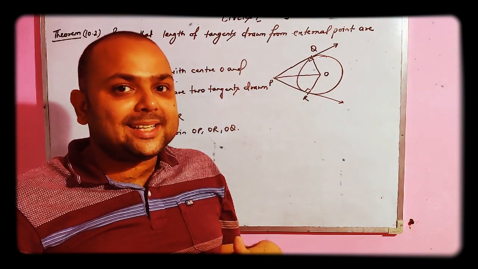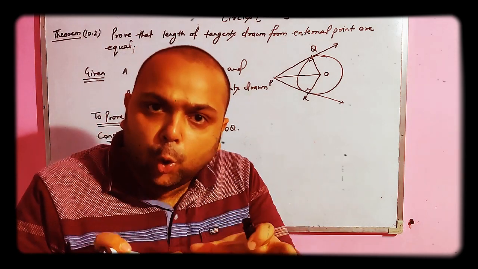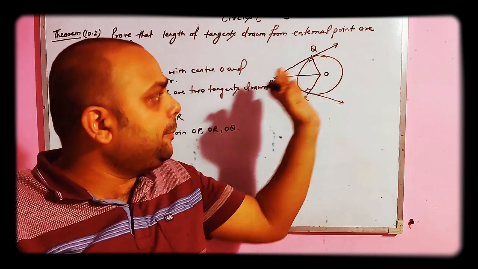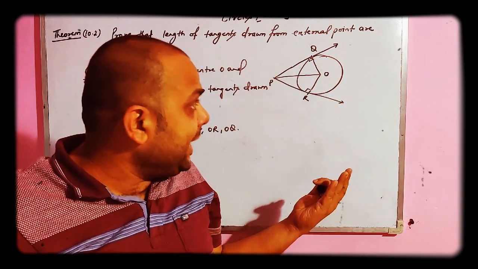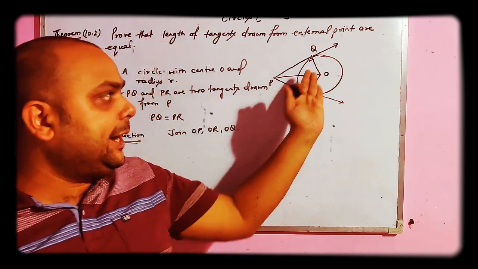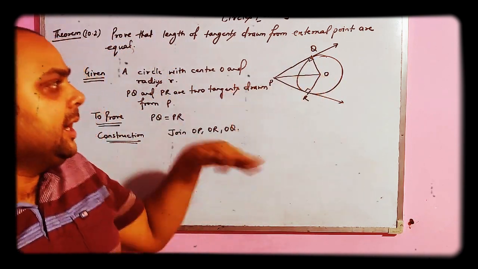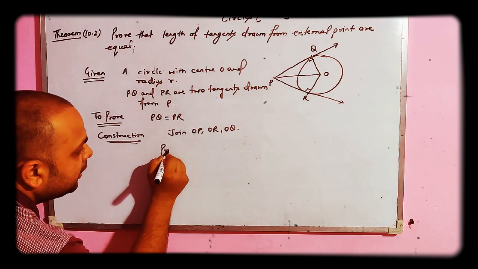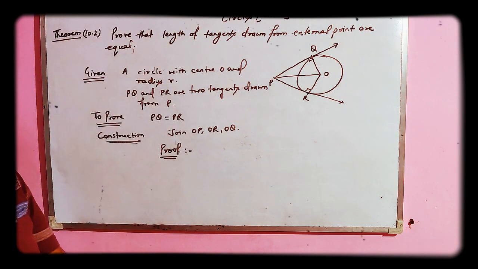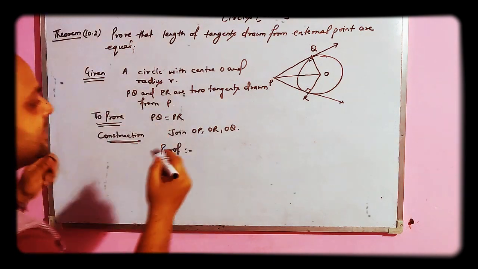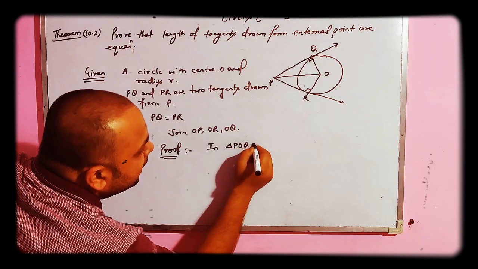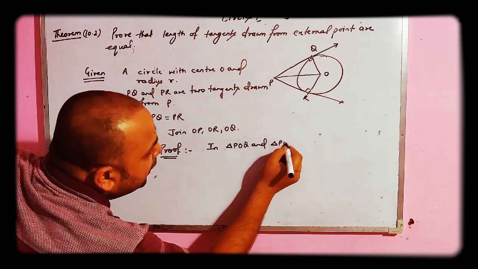So the concept here is that we have a circle with center O and two tangents from external point P, that is PQ and PR. We know that the angle at the point of contact formed by the radius is 90 degrees. So we have joined OQ, OR and then OP. Now to prove, we can take two triangles here, triangle POQ and triangle POR.